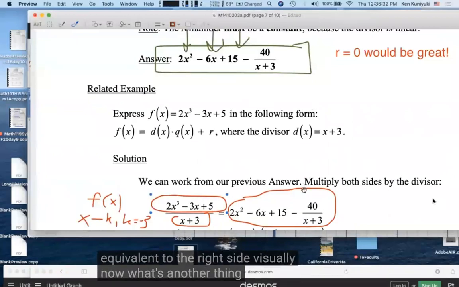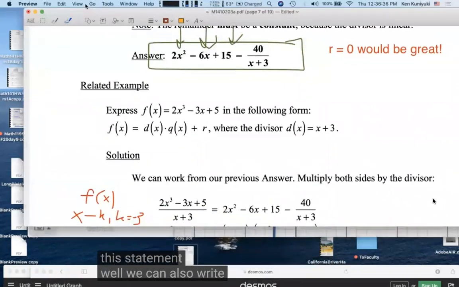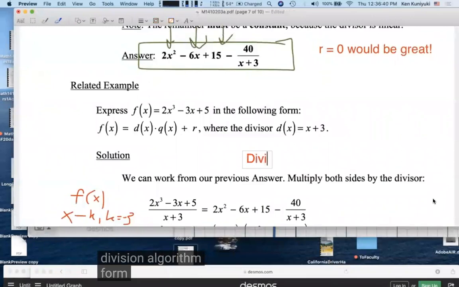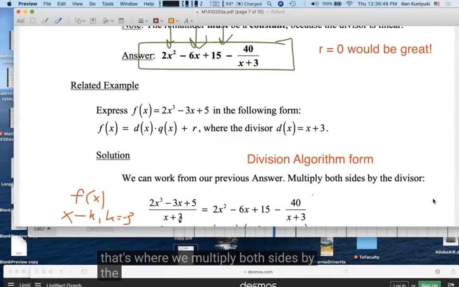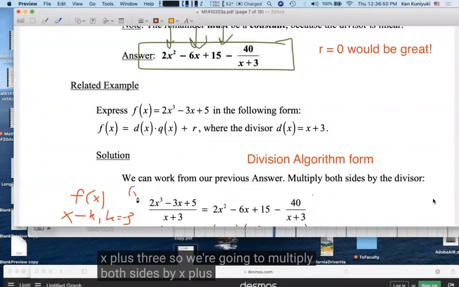Now, what's another thing we can do with this statement? Well, we can also write the corresponding division algorithm form. That's where we multiply both sides by the divisor, x plus 3. So we're going to multiply both sides by x plus 3.